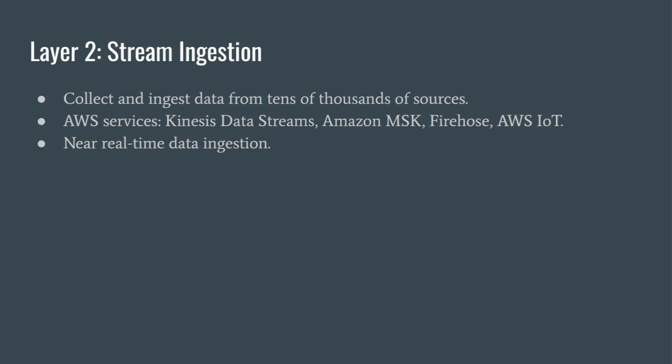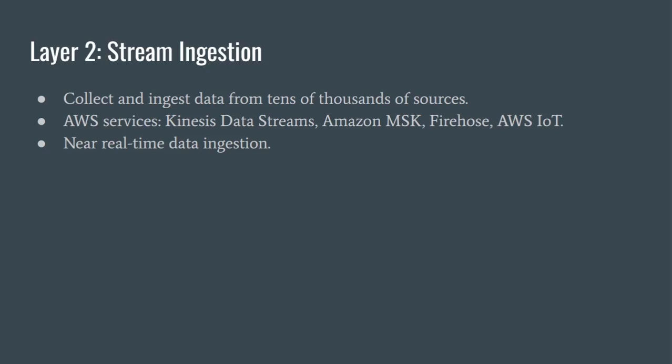Thirdly, there is Amazon Kinesis Firehose for loading streaming data into services like Amazon S3, Amazon Redshift, and OpenSearch. Fourth, there is AWS IoT Core for IoT device data ingestion. And lastly, there is the AWS SDK and Kinesis Agent for custom data ingestion pipelines.